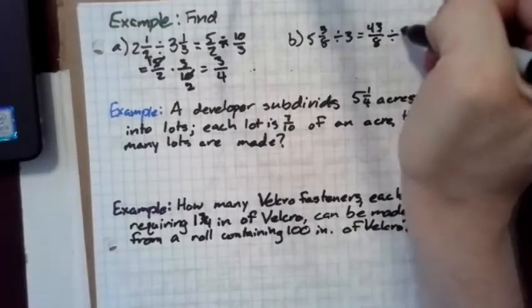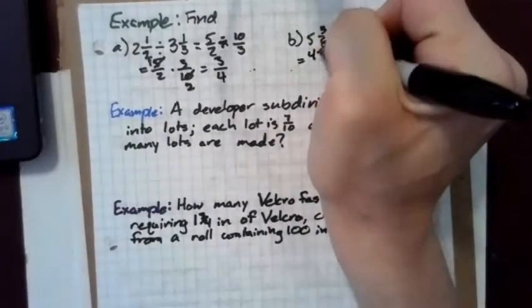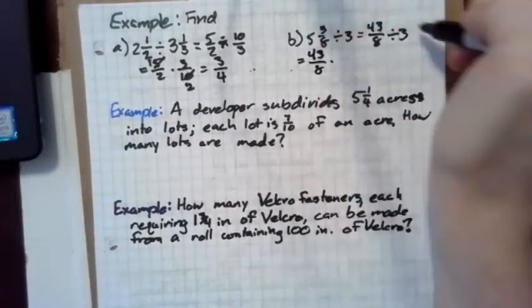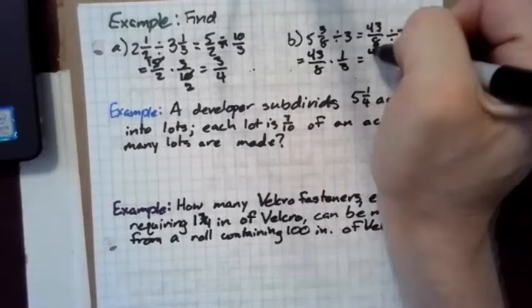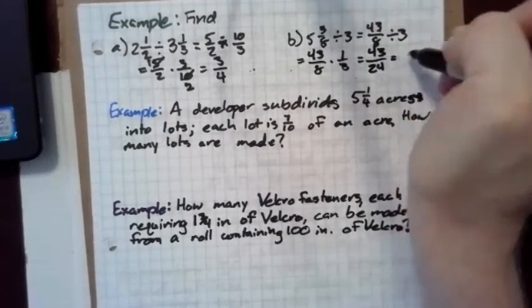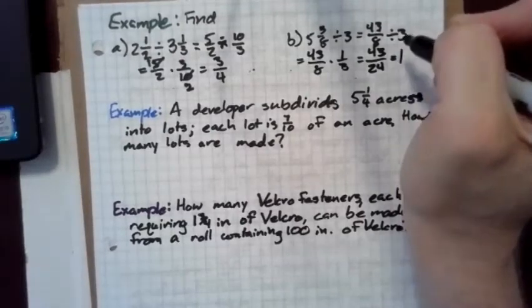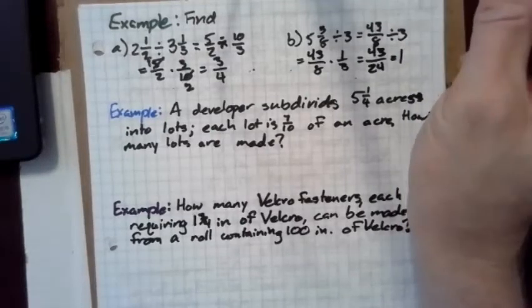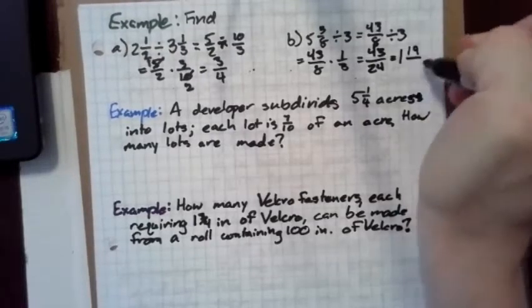And we're dividing that by 3, so we rewrite this as 43/8 times 1/3. And that's going to give us 43 divided by 24. And we can simplify that into 1, and 43 minus 24 is going to be 19/24.